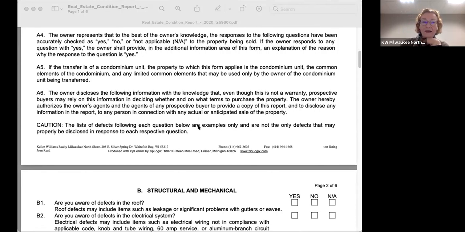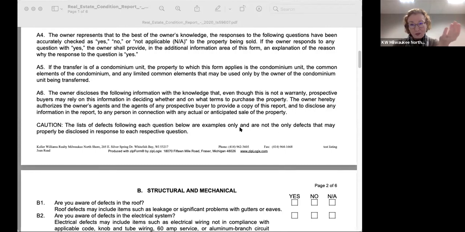The owner hereby authorizes the owner's agents and the agents of any prospective buyer to provide a copy of this report and to disclose any information in the report to any person in connection with the actual or anticipated sale of the property. Caution. This list of defects following each question below are examples only and are not the only defects that may be properly disclosed in response to the question.